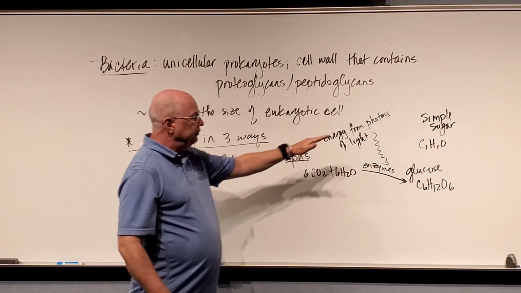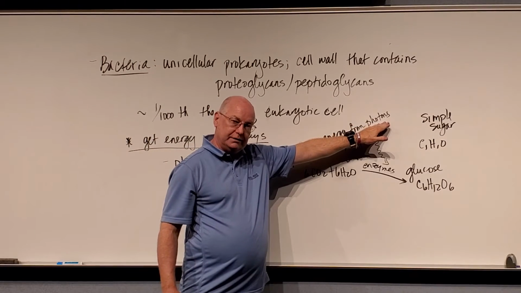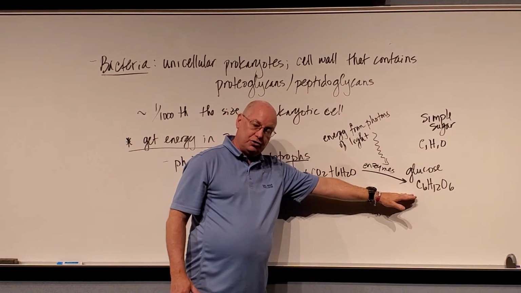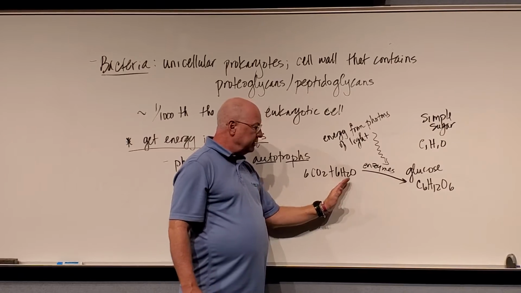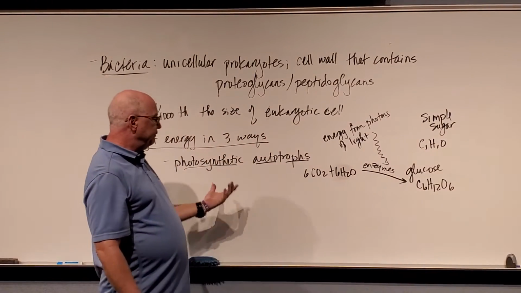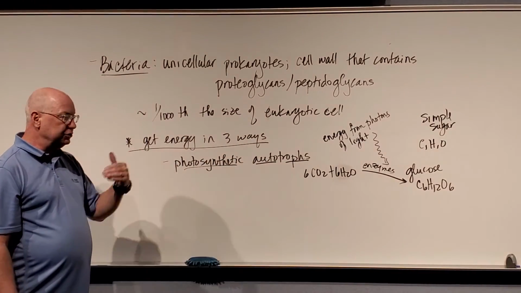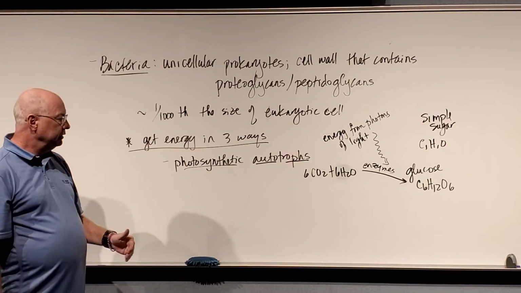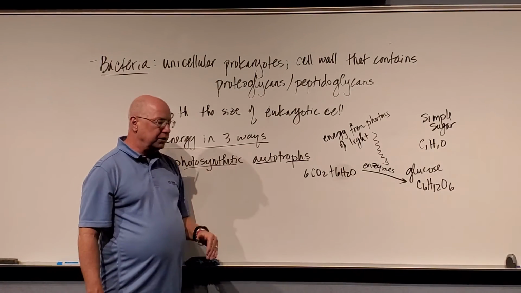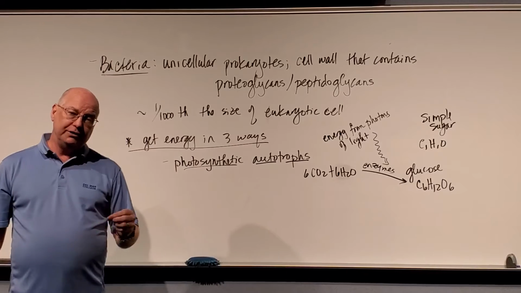Anything that uses the photons of light to synthesize or make sugar out of carbon dioxide and water, we call that photosynthesis. And since these organisms are making their own food, we call them photosynthetic autotrophs. And some bacteria do that.